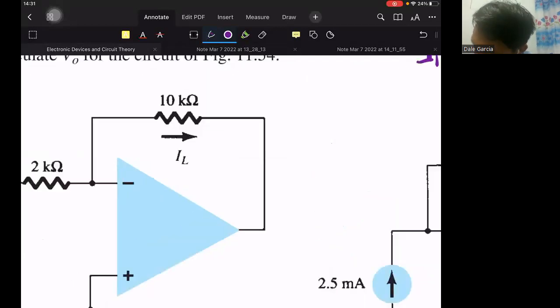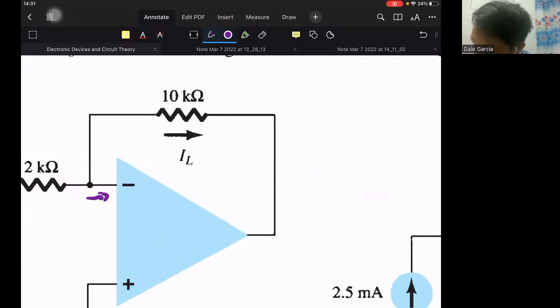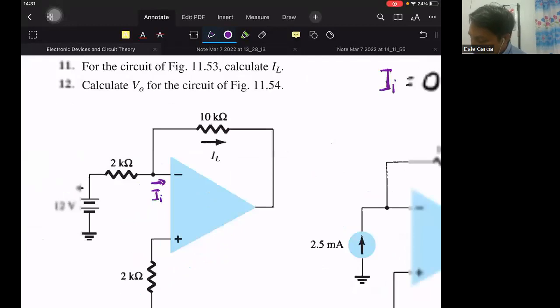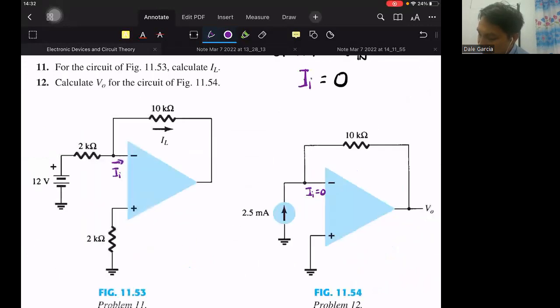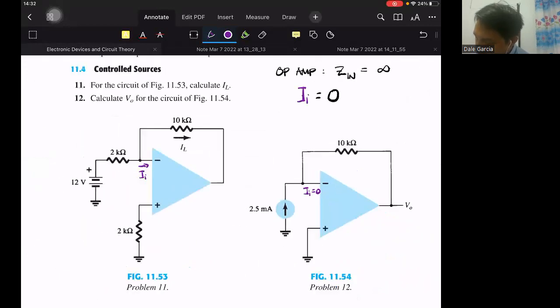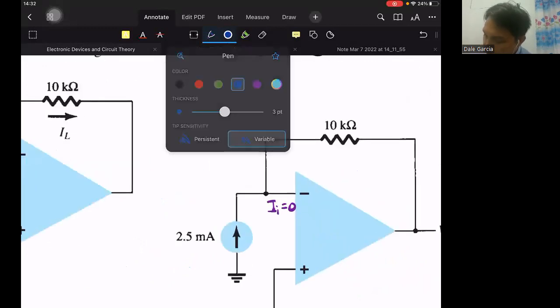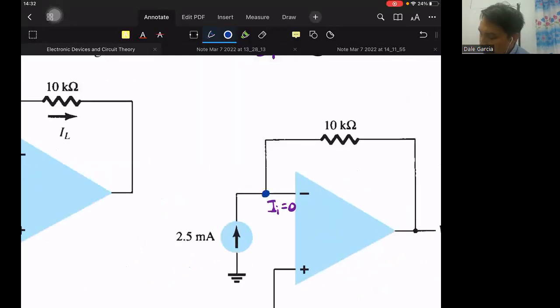Virtually no current will flow there. So by KCL at this point, this 2.5 milliamperes in this example will be the same current flowing here.